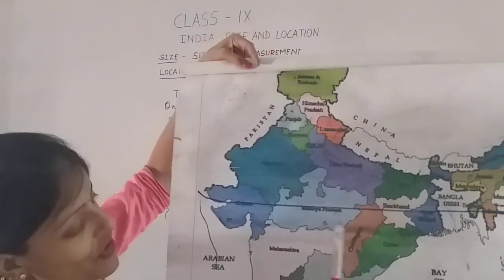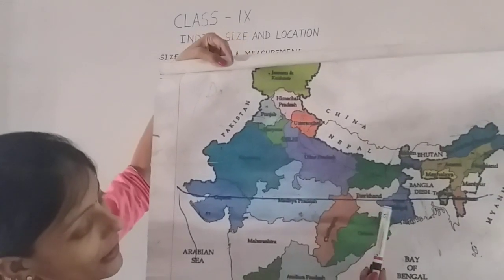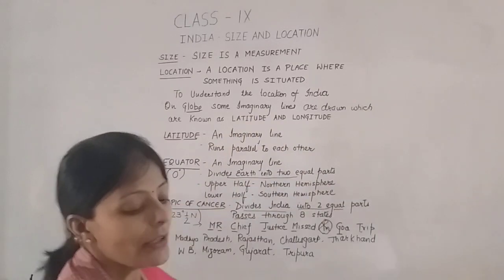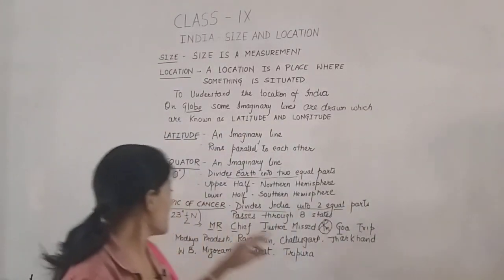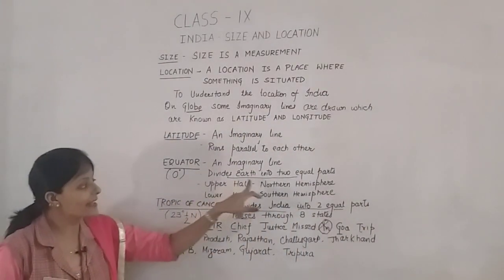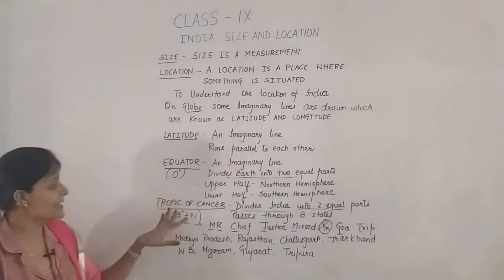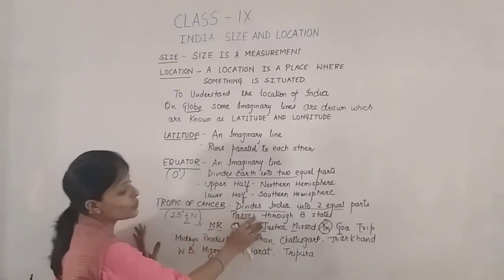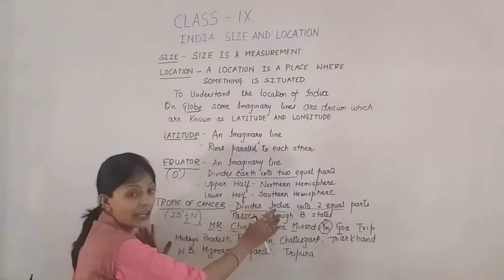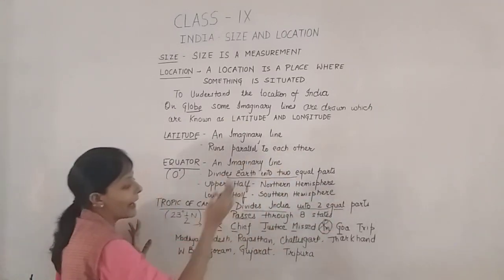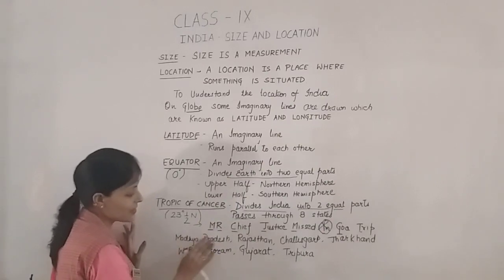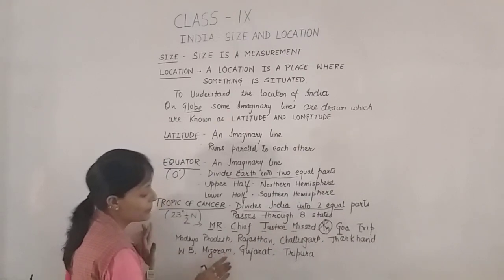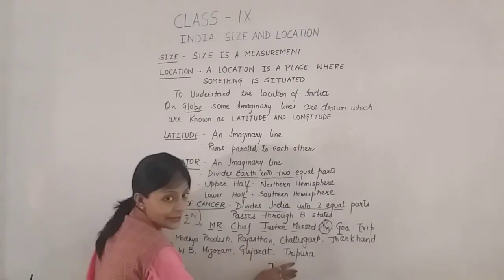I hope it's clear to you students. Equator divides the earth into two equal parts, whereas Tropic of Cancer, 23.5 degree, passes through 8 states and divides India into two equal parts. And the states are Madhya Pradesh, Rajasthan, Chhattisgarh, Jharkhand, West Bengal, Mizoram, Gujarat, and Tripura.